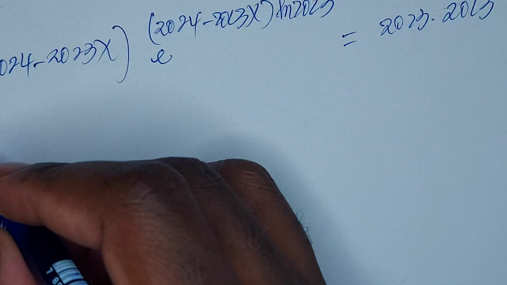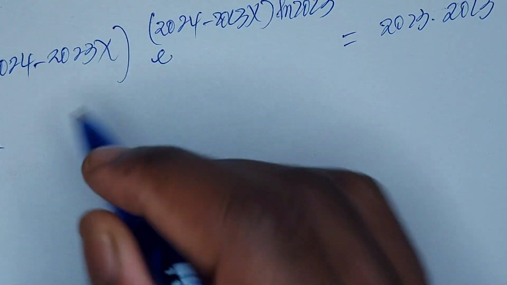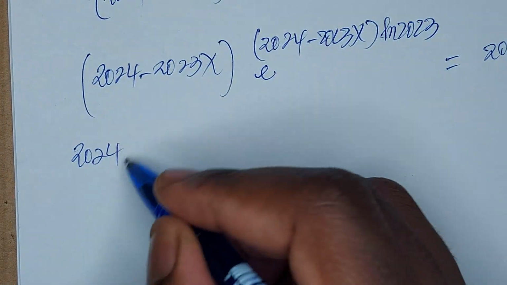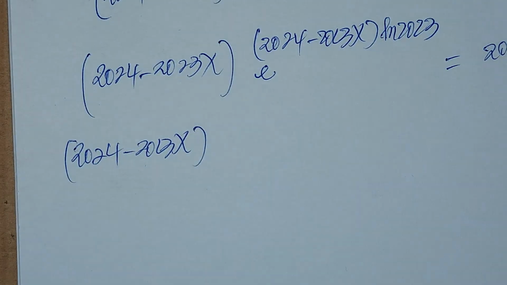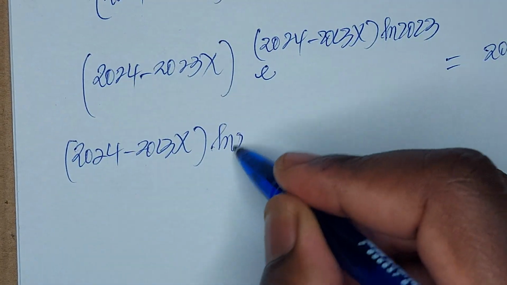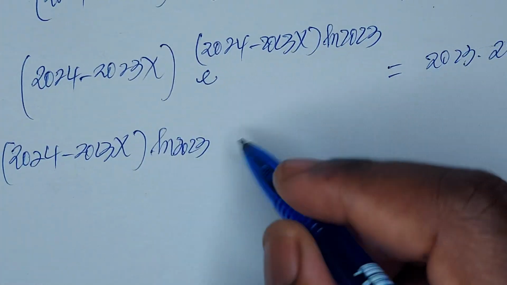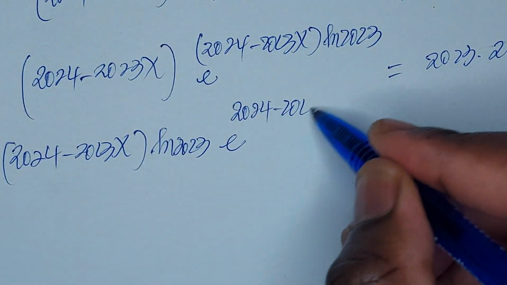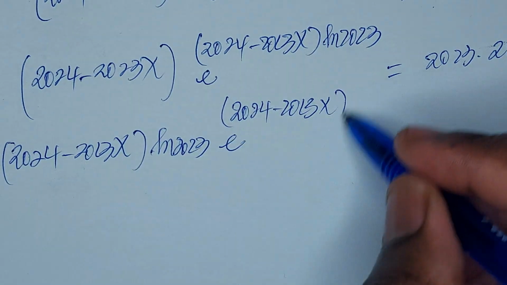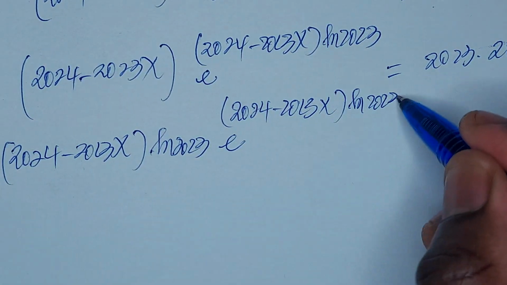So here we're going to have 2024 minus 2023x, times ln of 2023, times e to the power of 2024 minus 2023x, and this multiplying ln of 2023.